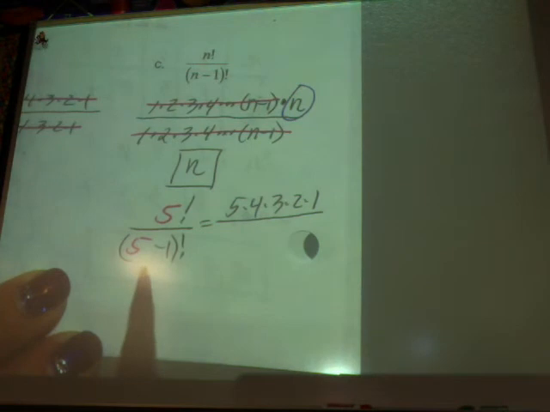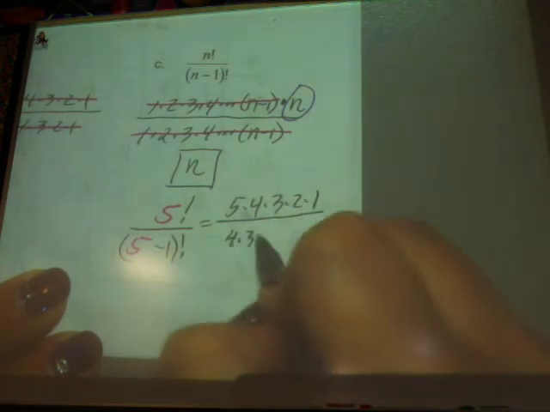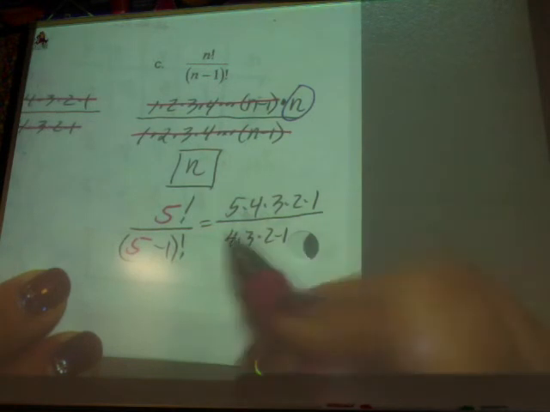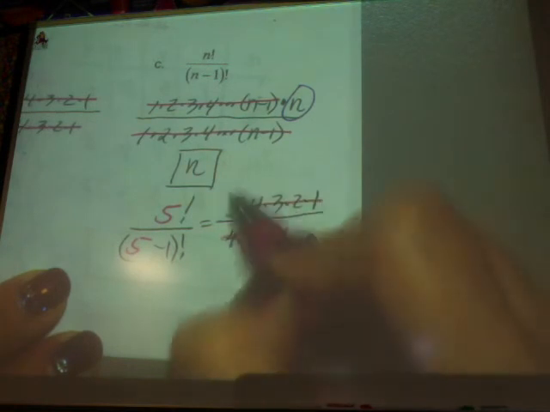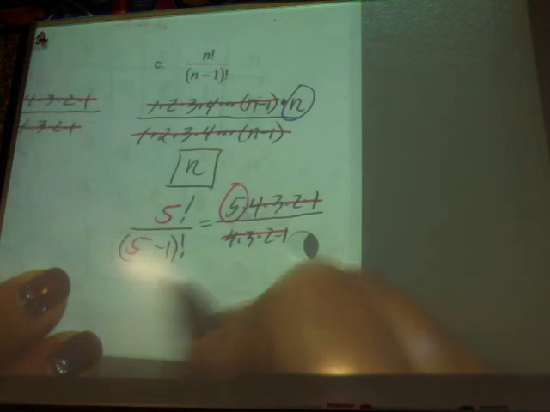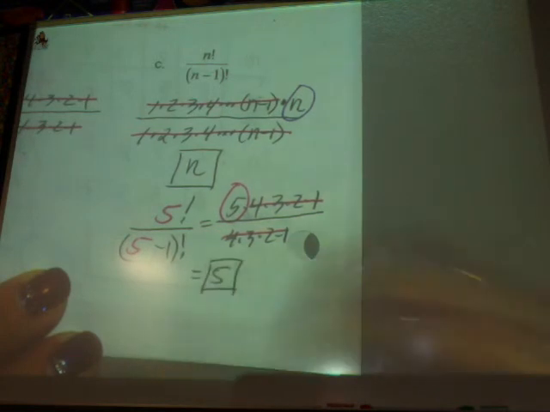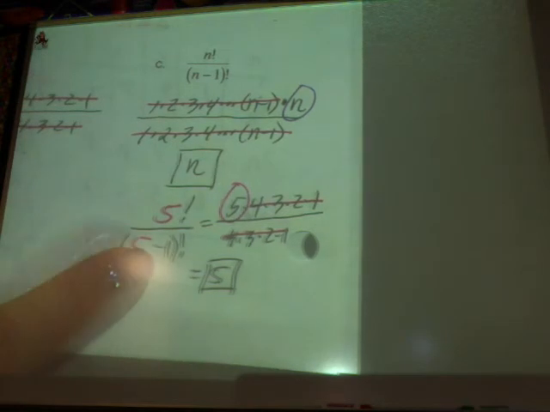And then 5 minus 1 is what? 4. So this would be 4 times 3 times 2 times 1. Doesn't all of this cancel with all of that, and aren't you left with just a 5? Did it work? Couldn't I have just said from the beginning, oh, this is one less than that, it's just 5?